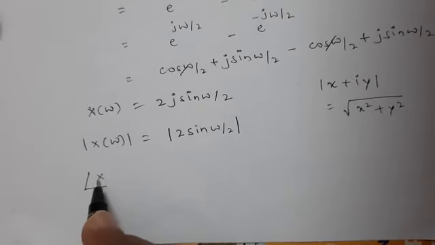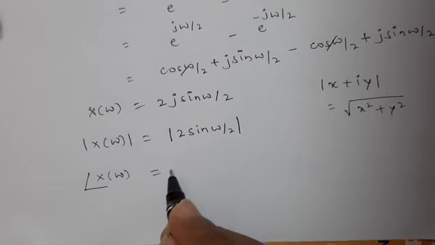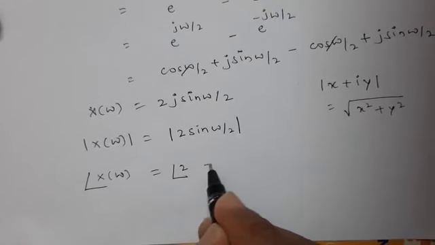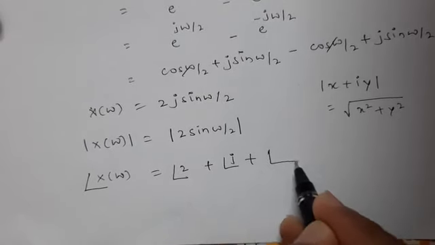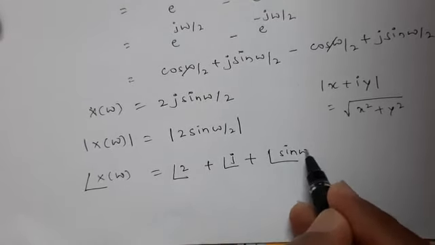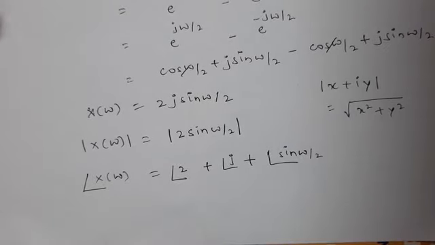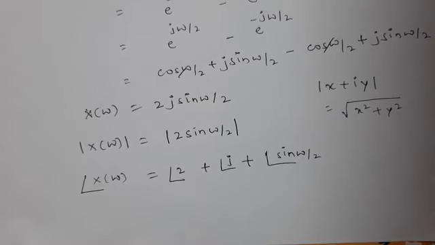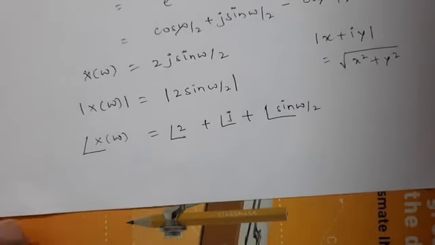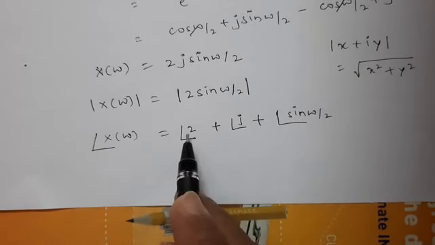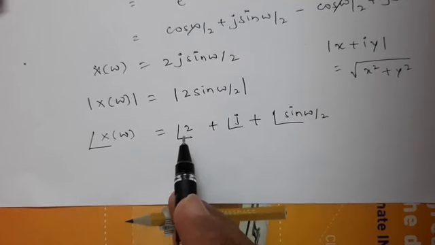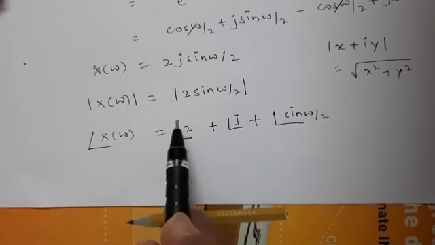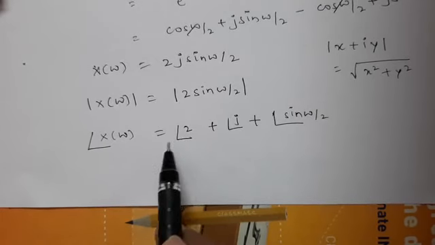Angle of x of omega, which is angle of 2, angle of j plus angle of sine omega by 2. Now for this, what is angle of 2, which is real term? Tan inverse of y by x. This is x term, y is 0, so tan inverse of 0, 0.